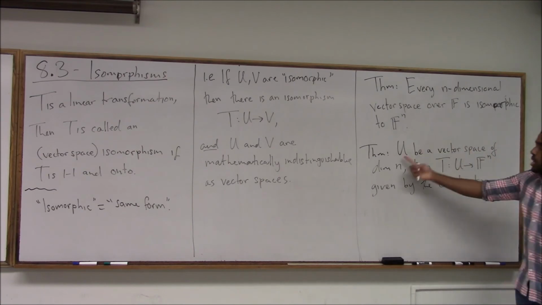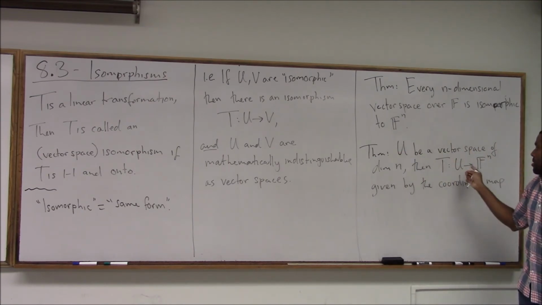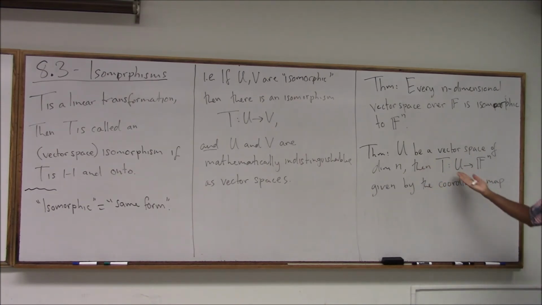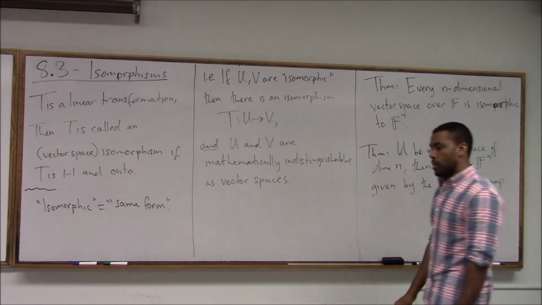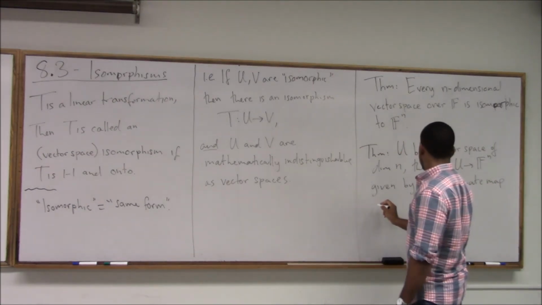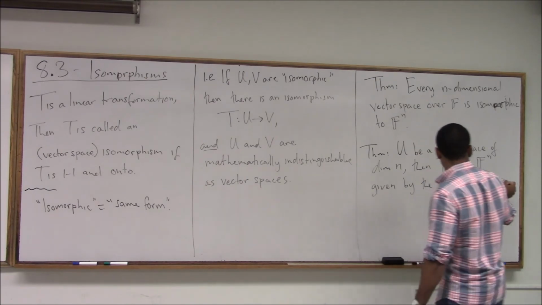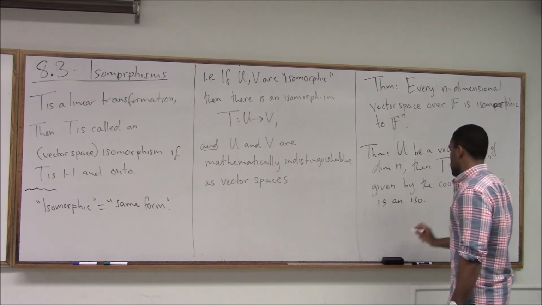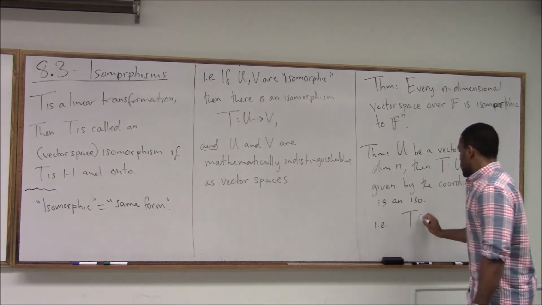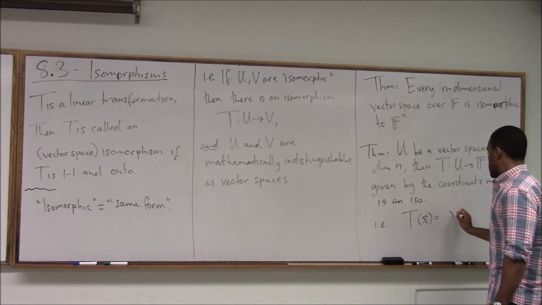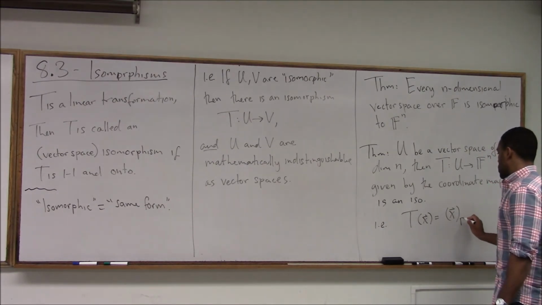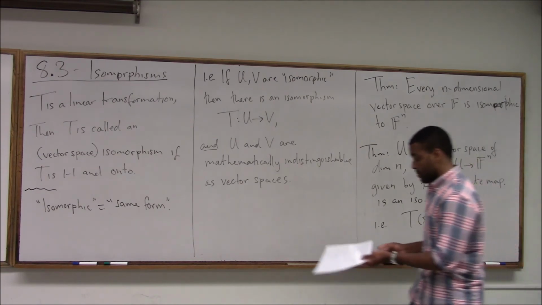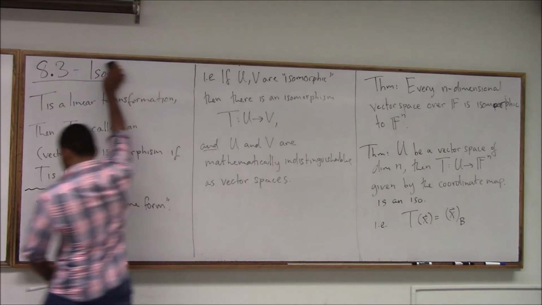Right? That means I order the basis of this, take any vector, find its coefficients, and output to that coordinate in Fn, and I would have created a one-to-one and onto linear transformation by doing that. T is an isomorphism, i.e., T of x equals the coordinate map of x will be an isomorphism. So let me show you some examples of that.